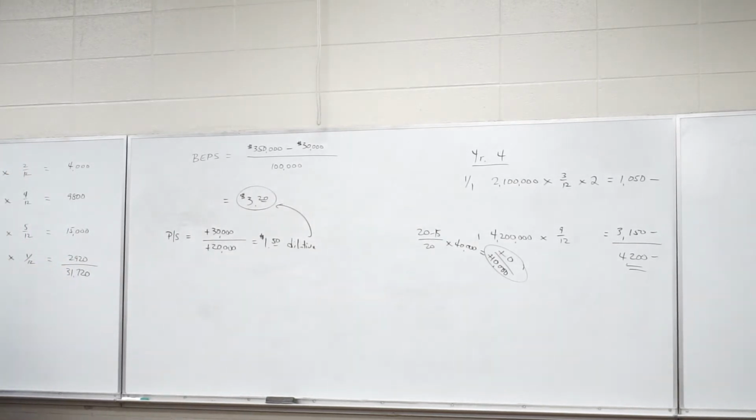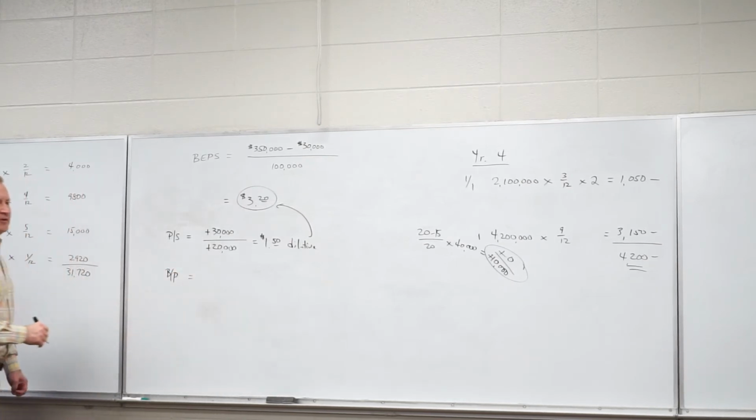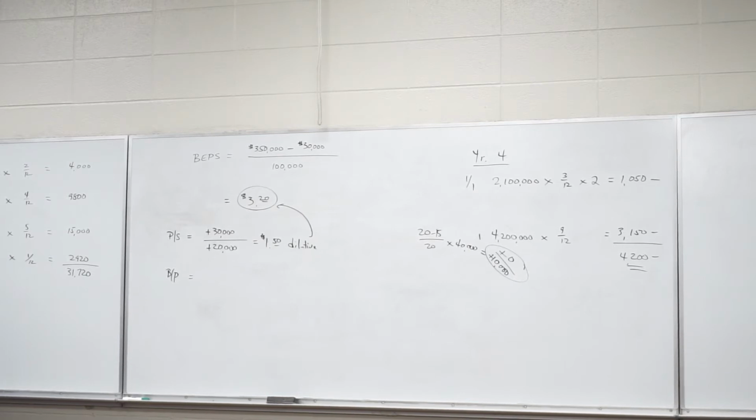Now we got to check out the bonds. How are we going to calculate the amount of interest on the bonds? Well, they're 9% times $1 million. That would be 90,000. But we only get to keep 70% of that.